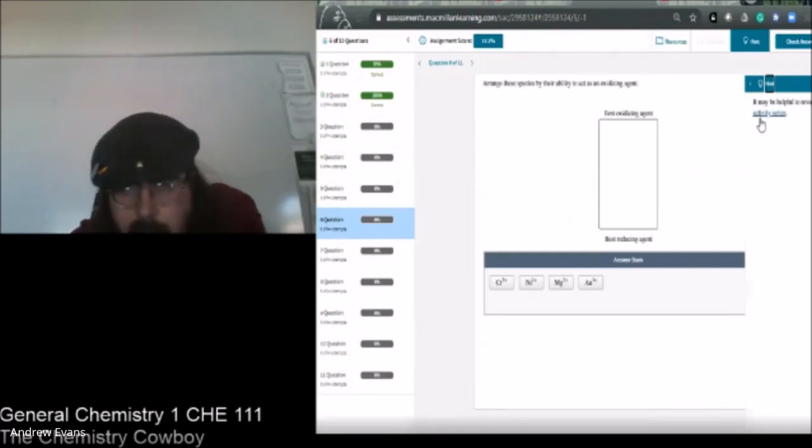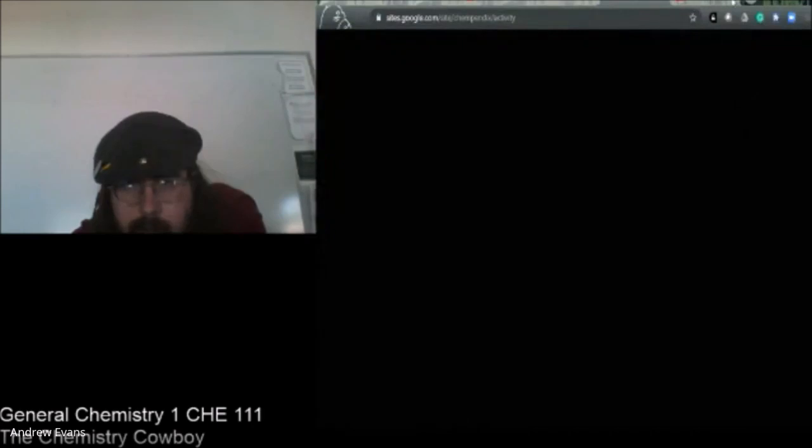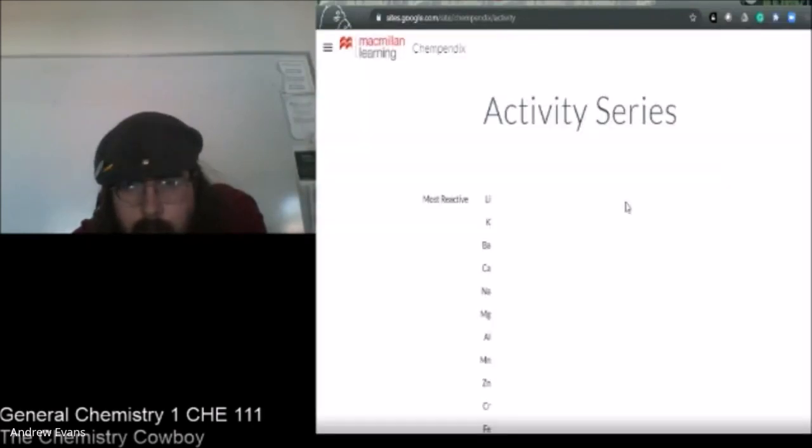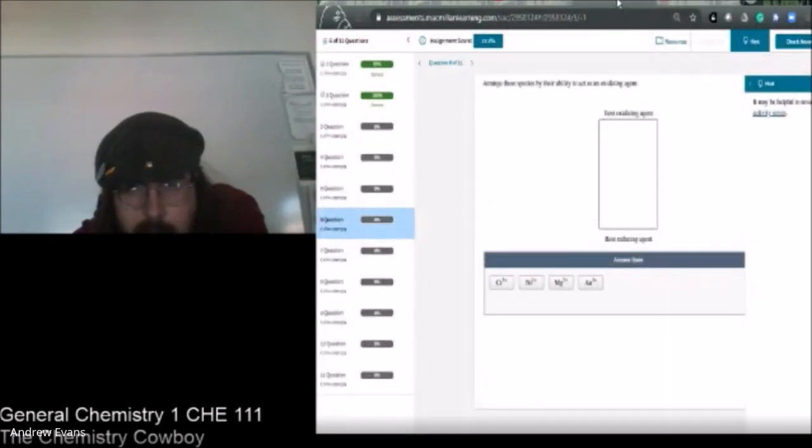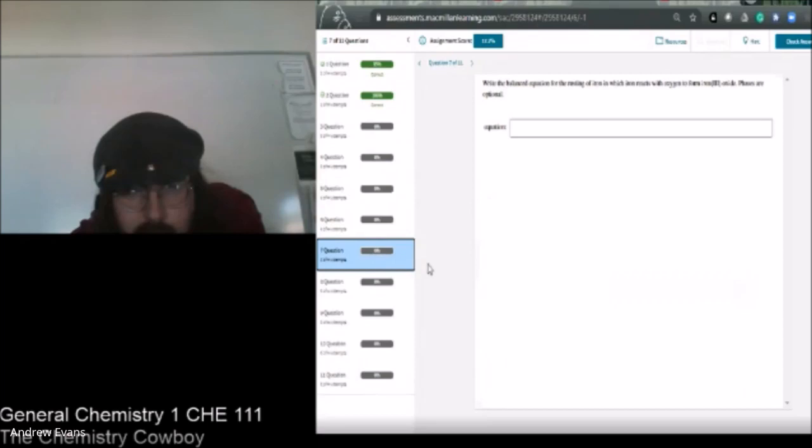Remember, the guy higher on the table is most reactive, and the guy who's most likely to be oxidized, to lose its electron, would be a good reducing agent. The guy who wants to be reduced, which is on the bottom of the table, would be the best oxidizing agent. So you gotta work through that.